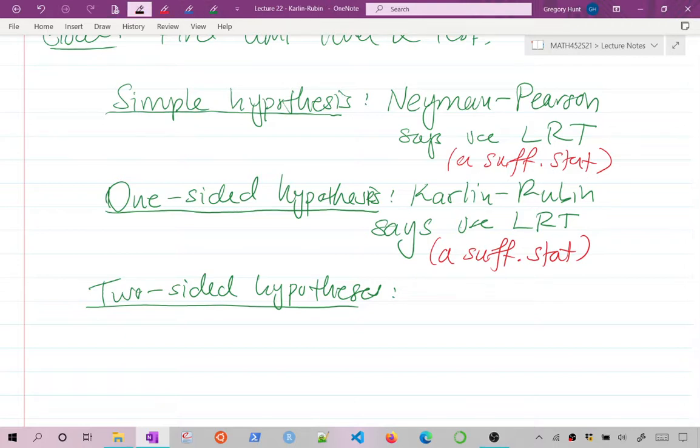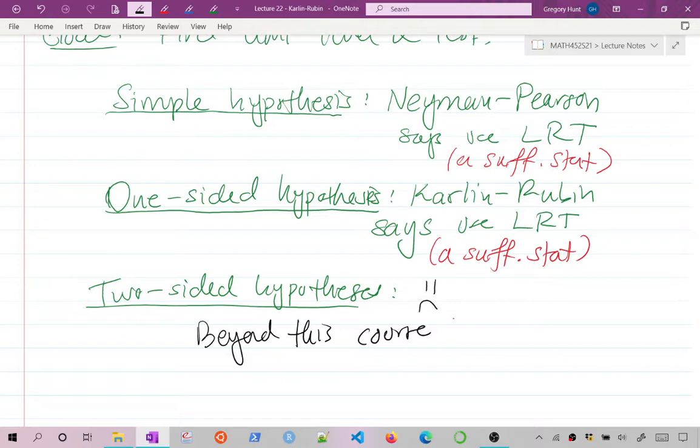Two-sided hypothesis tests, unfortunately, it's not that simple. In general, there's not a UMP level alpha test. You have to restrict the class of tests more. You have to look at what's called unbiased tests, is typically the way one looks at it. So we'll just put a frowny face here. Beyond the scope of this course, not because it's that hard, but we don't have time.